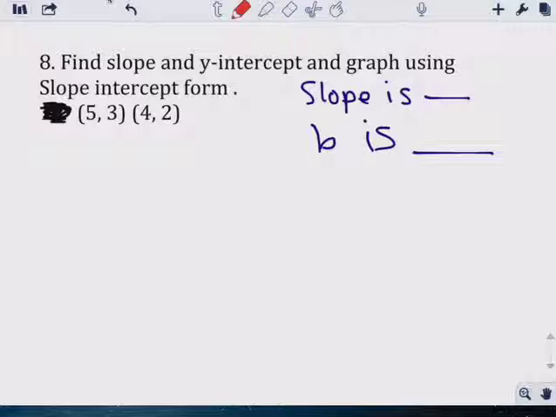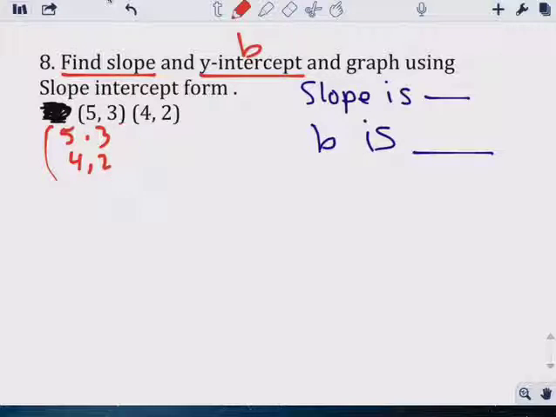Okay? So find the slope. We find the slope and find the y-intercept. Y-intercept is b. So let's find the slope here. I like to write 5, 3, and 4, 2.